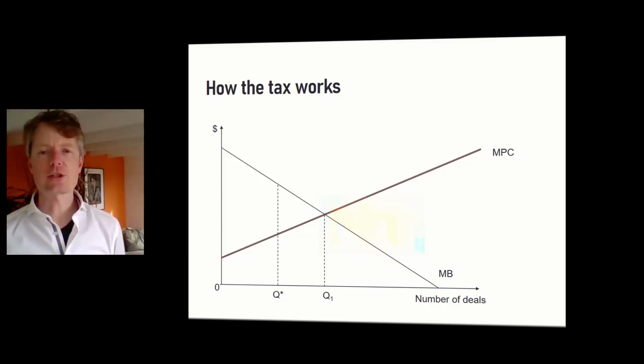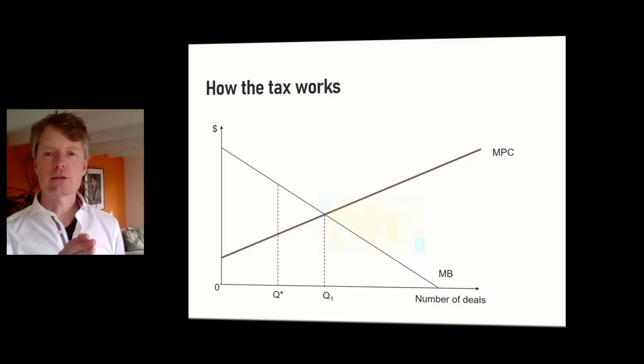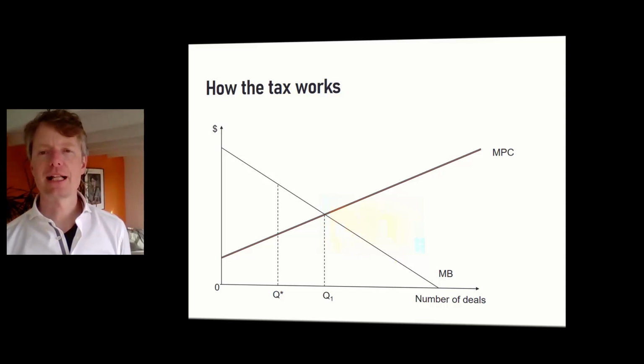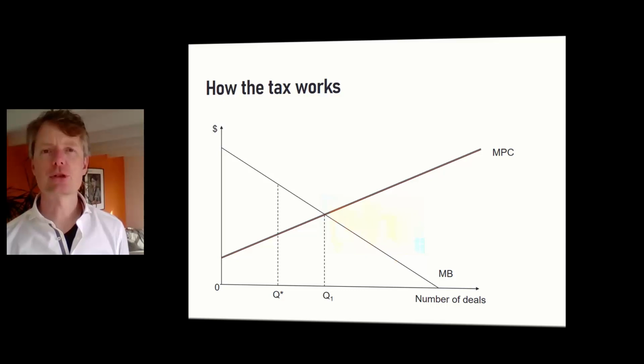On the horizontal axis we have the number of deals, and they are ordered in a certain manner, namely we start with the sellers with the lowest cost and we order them by their cost level. So on the right we have sellers with high seller costs. And we do something similar with the demanders.